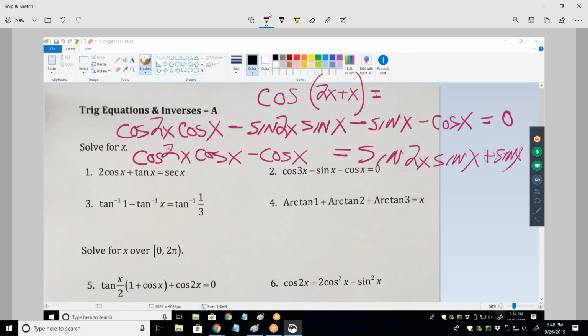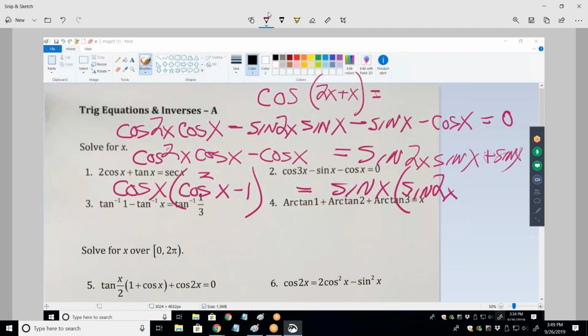Now, notice we can do some factoring. What can I do on the left? We can take out a cosine x, leaving, and do the same thing on the right. Is it 2 cosine squared x?